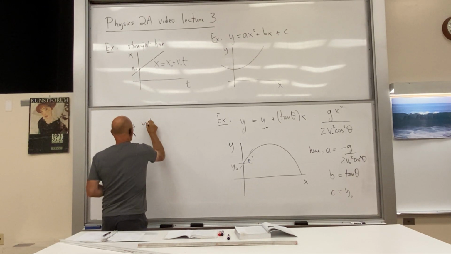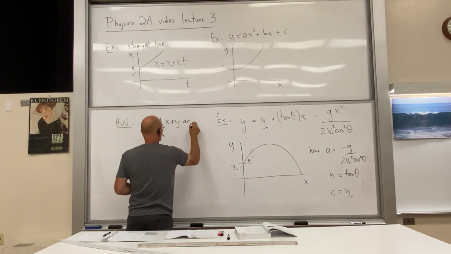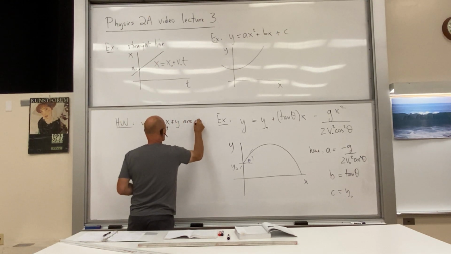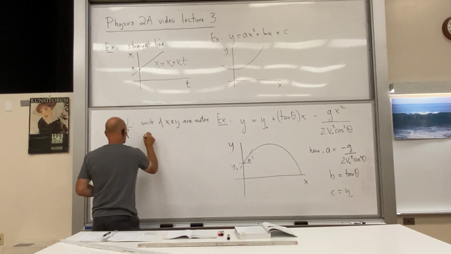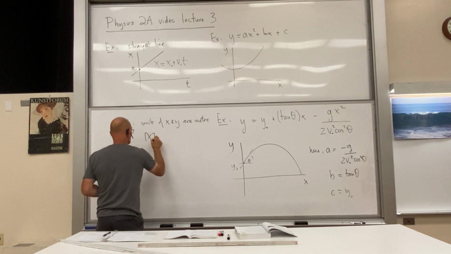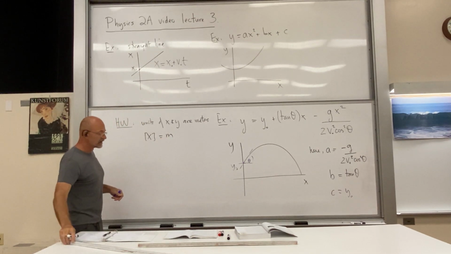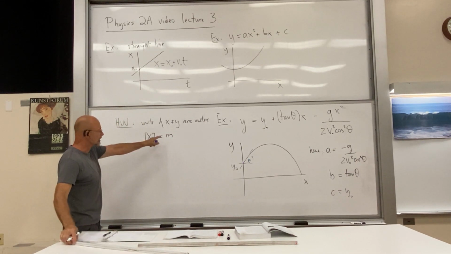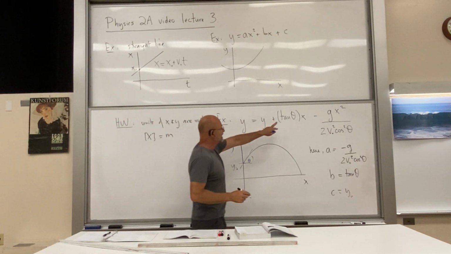Units of x and y are meters, which is to say the units of x are the meter, which we call one of these, lowercase m. Units of x and y are meters.